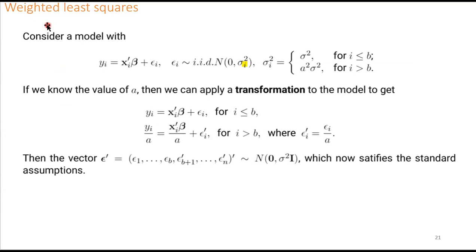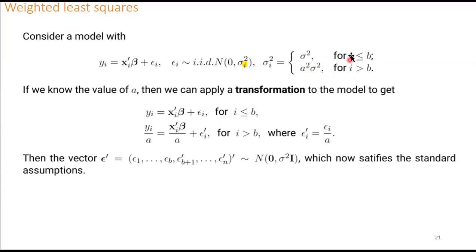But let's do it without matrices to show you the idea. So consider that we have this regression model. Note that in this case the variance of the error term is not constant. That's why it has a subscript i. It may vary. How does it vary? Well, let's suppose it varies like this.